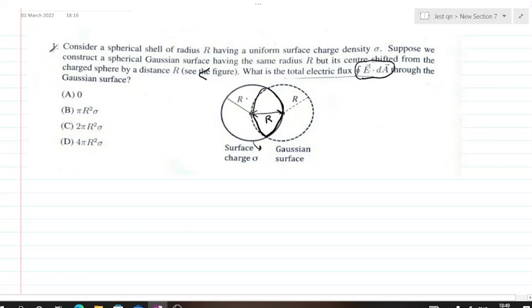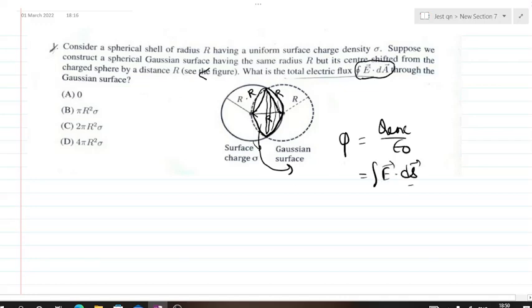As you can see, this distance is the same, r and r, and this is the surface. We have to calculate the flux passing through this surface. As you know, flux is equal to Q enclosed by epsilon naught, which is equal to the integration of E dot ds.